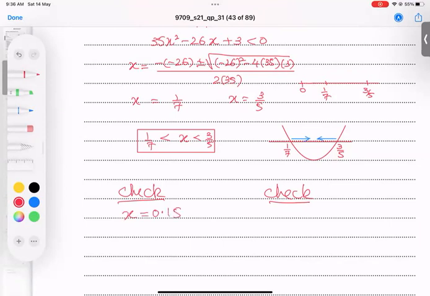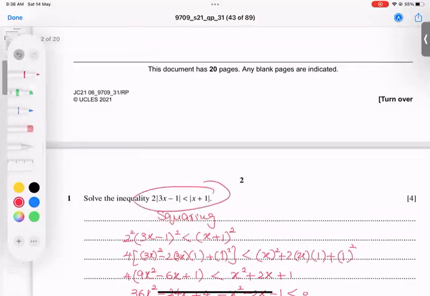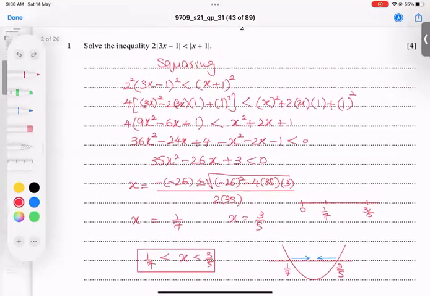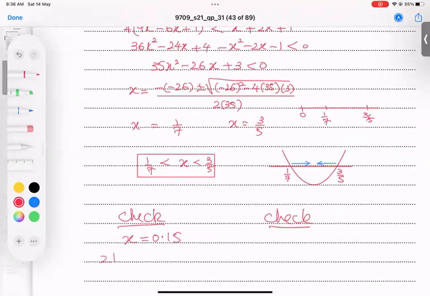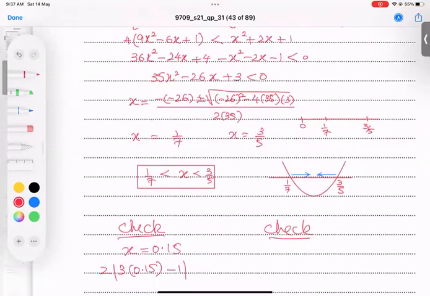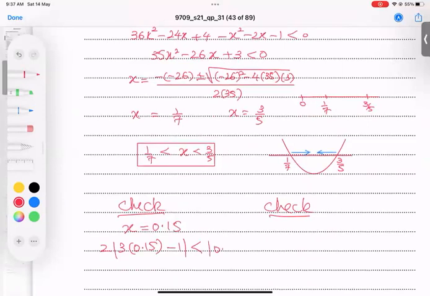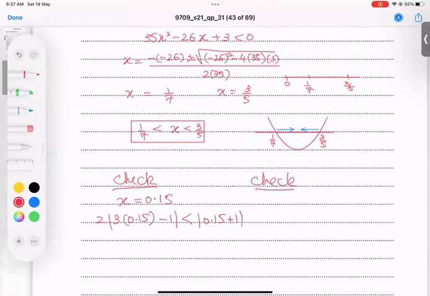I plug this value into our actual question on the top here. So 2 times 3x minus 1, and then x plus 1. This way I can check whether it is right or wrong.